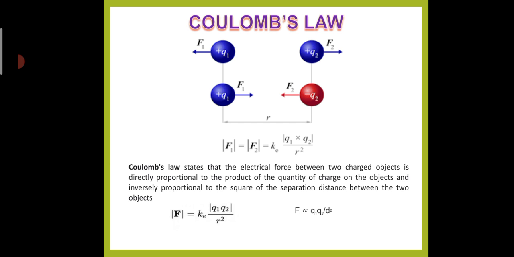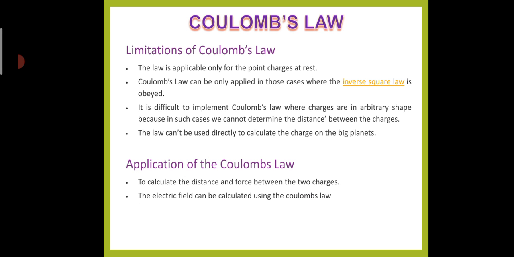Now, vector form of Coulomb's law. Force is a vector quantity and acts along the line joining the two charges. Therefore, the above expression is multiplied by a unit vector along the line. Thus, the vector form of force on Q2 is F2 equal to Q1 into Q2 divided by 4 pi epsilon 0 R12 square into A12, where A12 is a unit vector.